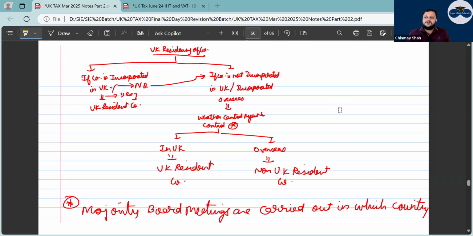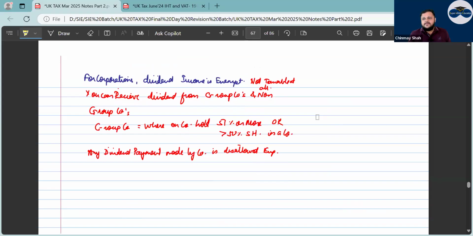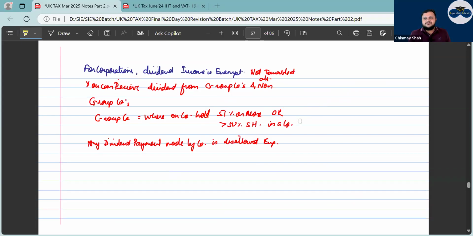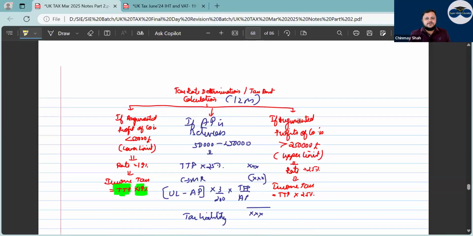When I say centrally managed, it means major board meetings are carried out in which country? Citizenship or residency of directors does not have any impact on the residency of the company.